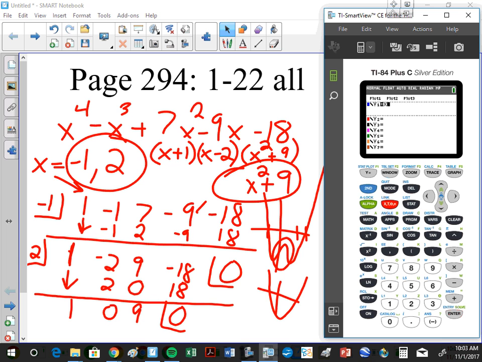You can't always see the irrational or the imaginary roots, but sometimes you can. It just depends on the equation. And because this is so large, we're probably going to have to multiply by some number.